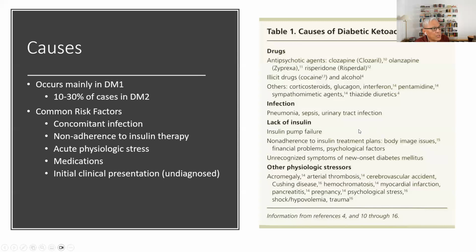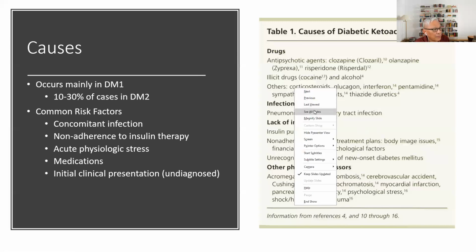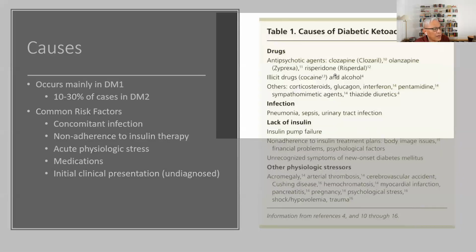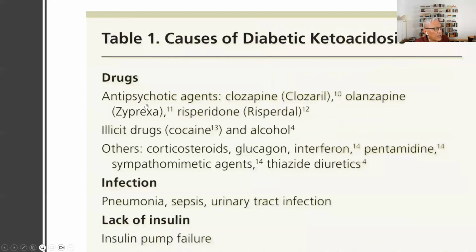So as you could see on top over here, the drugs that are usually associated with them are your antipsychotic drugs, like your clozapine or Clozaril, or olanzapine or Zyprexa, and risperidone or Risperdal. So these are drugs that are commonly the culprits in causing ketoacidosis.